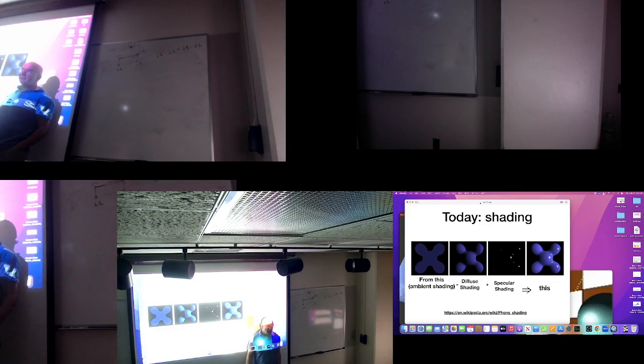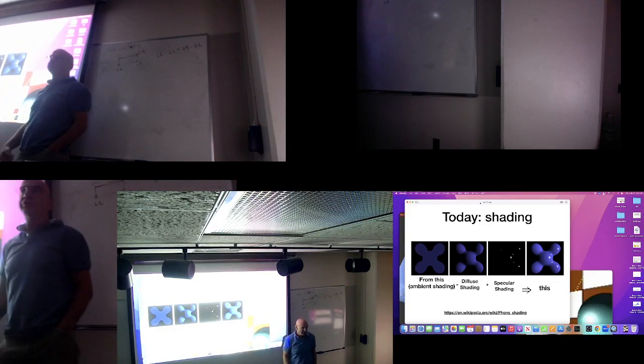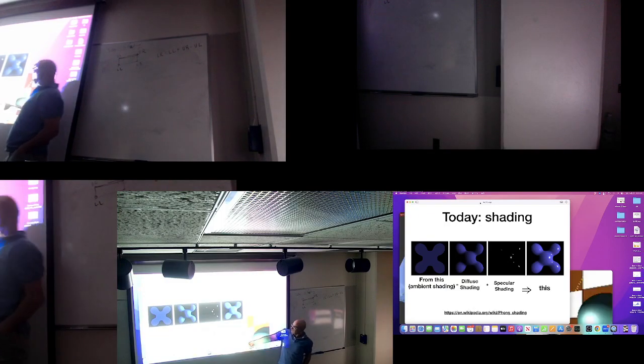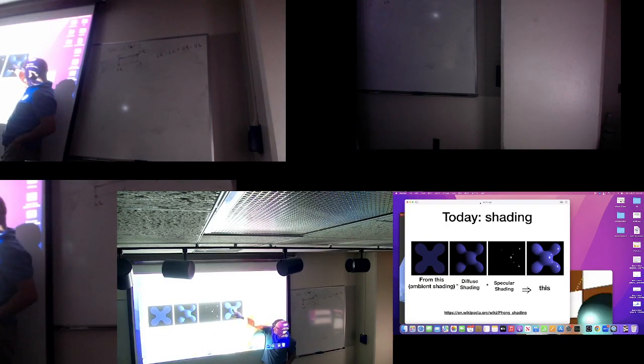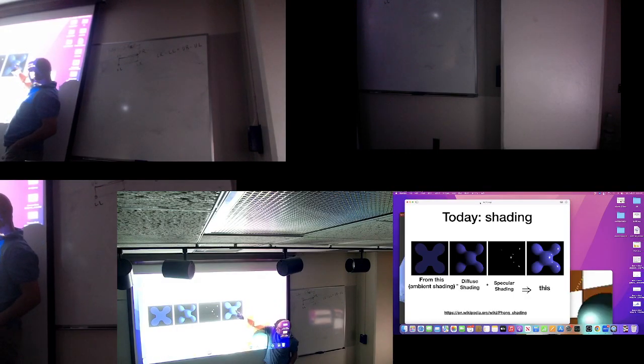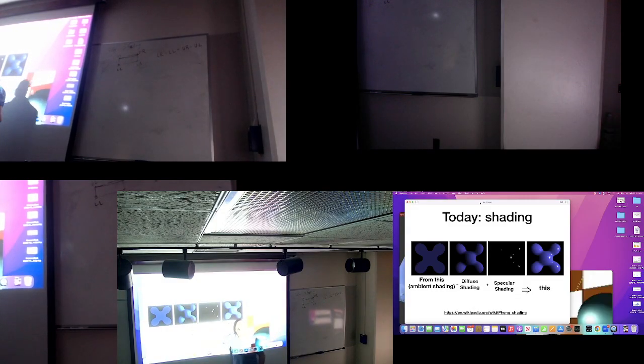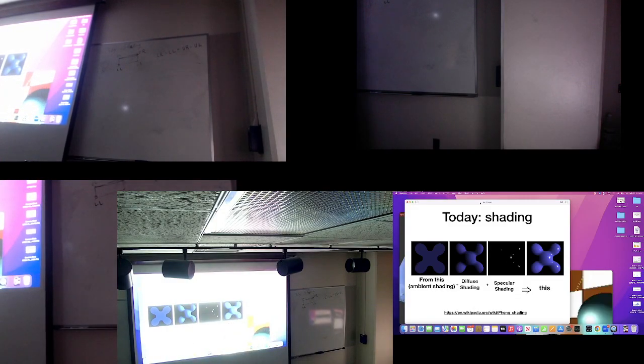Diffuse cares only about where the light is, but not where the viewer is. In other words, if the viewer is moving, the specular spots, these white spots over here, will move as well. They'll adjust to the new location of the viewer. The diffuse shading over here will stay the same.